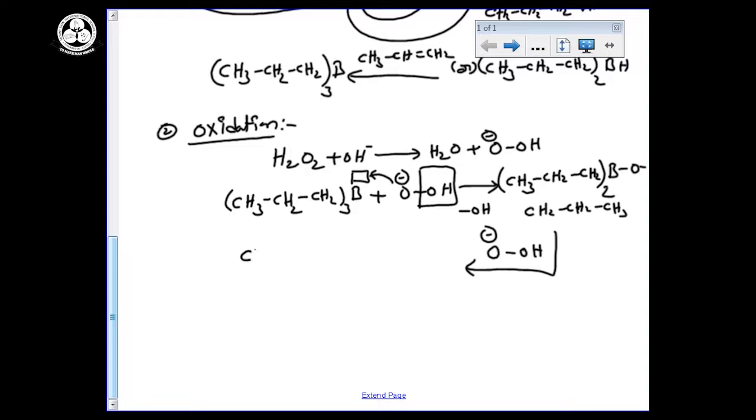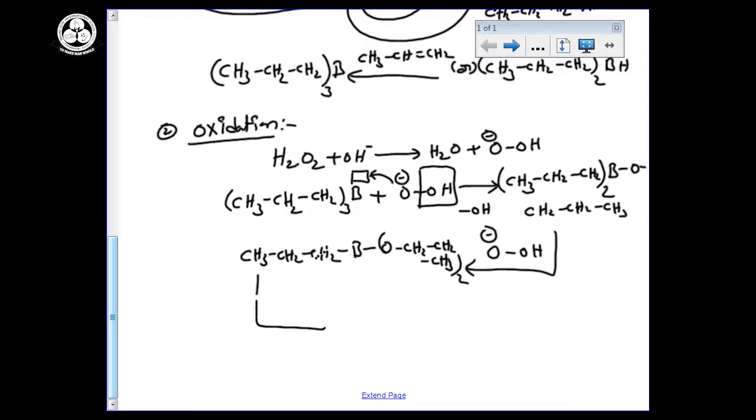Again it becomes like this: CH3 CH2 CH2 on boron, next O CH2 CH2 CH3 twice.